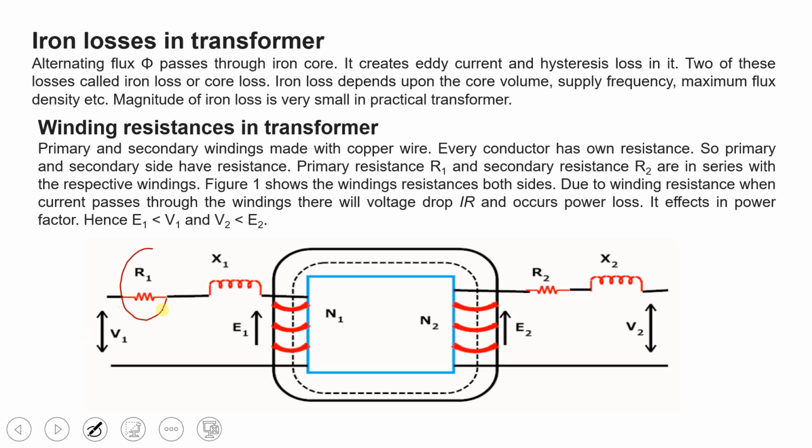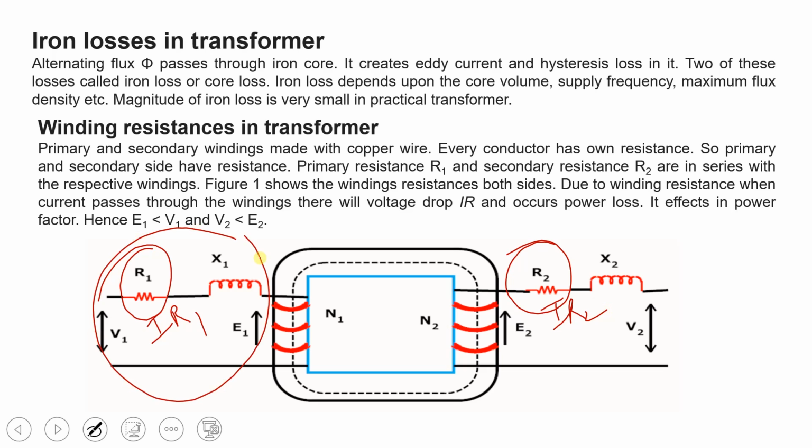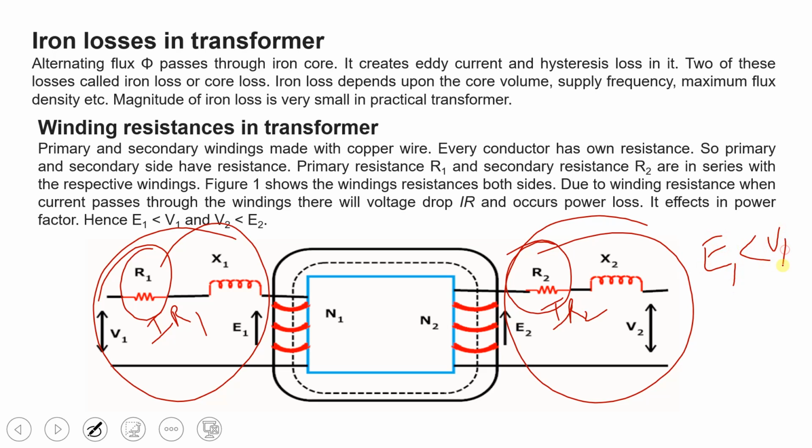I have explained why we take R1 and R2, and the voltage drops here are I R1 and I R2. Because of this we have power losses on this side as well as on this side, and I have given you the reason why E1 is less than V1 and why V2 is less than E2.